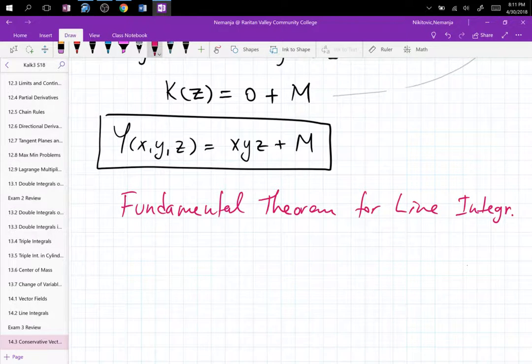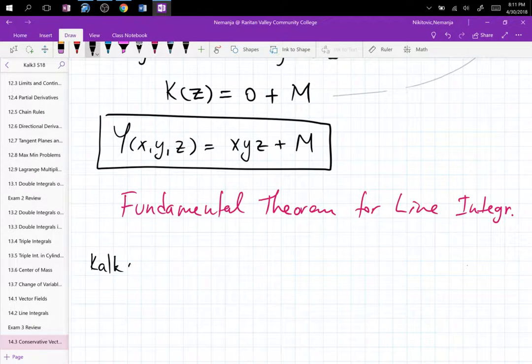Do you remember the fundamental theorem of calculus, which said how to compute definite integrals? Let me just write over here real quickly.